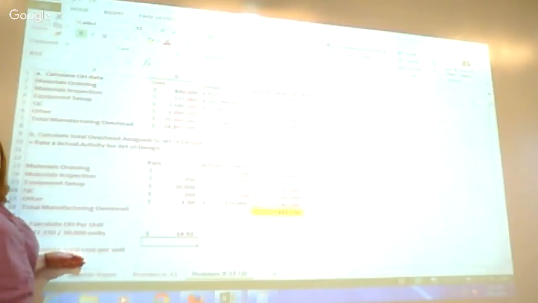Okay? So now what is the direct labor? Now to calculate the total cost per unit. What is in the total cost per unit? Yeah, materials, labor, and overhead, right? So what is my materials per unit? $35, by the information, right?